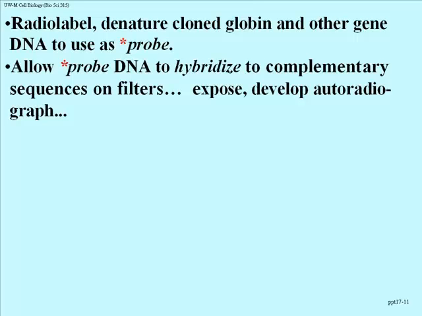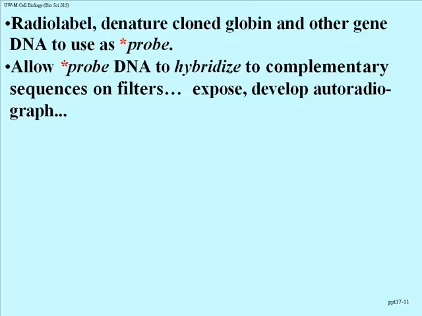And what the probe will do, what the denatured radioactive globin gene DNA will now do, will find sequences complementary to each of the two strands in the probe and form H bonds, even on the filter, leaving then a deposit of radioactive material on the filter, which can then be detected. So we allow the probe DNA, this radioactive DNA, after denaturing, to, we say, hybridize.